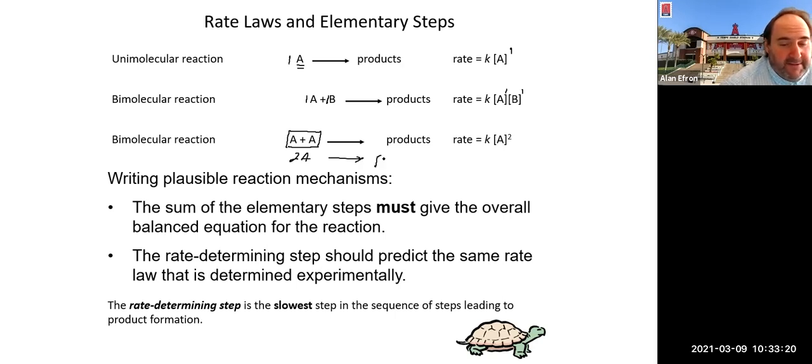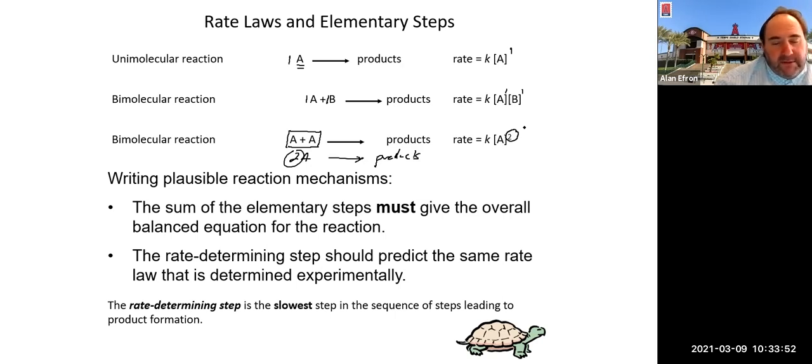Goes to our products. And again here, because the coefficient is 2, that is why we put the 2 here. So different than what we were talking about for the rest of this chapter earlier on. This is, again, the only place where it is acceptable to use those coefficients as exponents in rate laws, when you're doing mechanisms, and specifically when you're writing those rate laws for an elementary step.